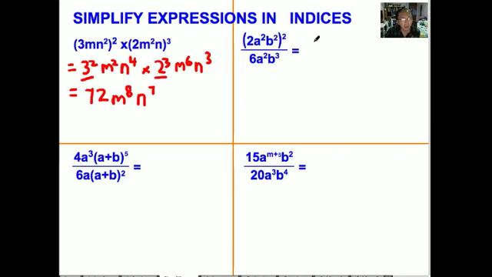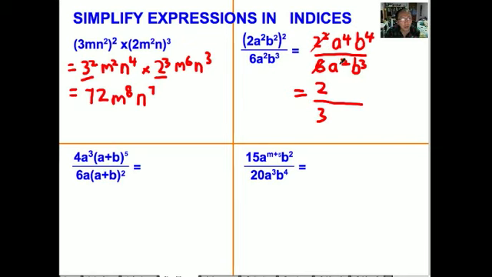In the second example, we first open the brackets to give us 2 squared a to the power of 4 b to the power of 4 over 6 a squared b cubed. 4 can cancel with 6 to give us 2/3. And here a to the power of 4 cancels with a squared, giving us a squared in the numerator.